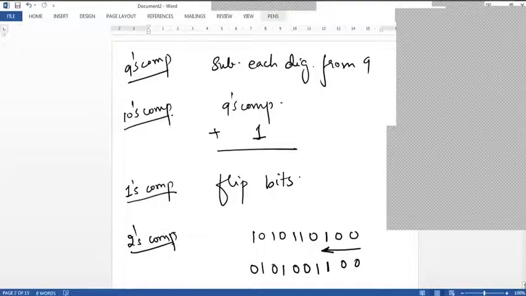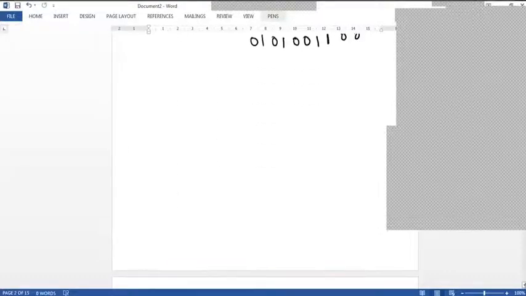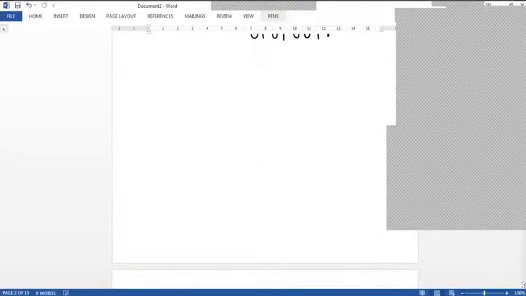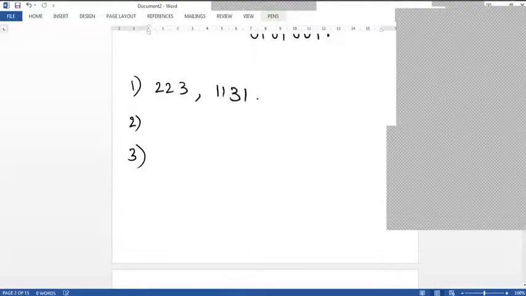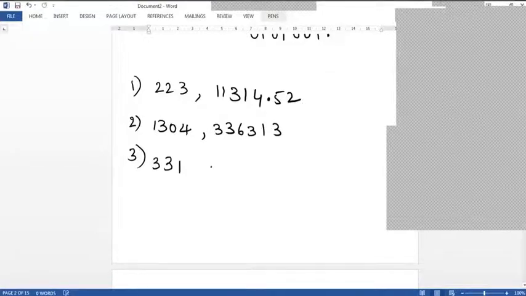Chalo. Now, who is facing a problem, in which one? Do you want answers first, or is there a problem in some question? The multiplication one? You want answers? Okay. I had given you 3 sums. The answer of the first, the answer of the second, and the third answer. Chalo, any doubt in any of these?